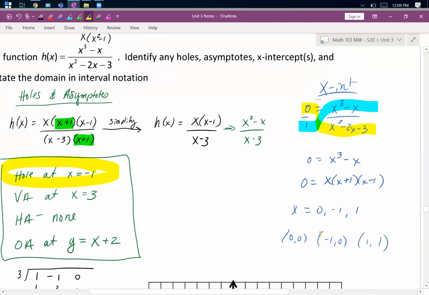And then I'm contradicting myself over here by saying that there's an x-intercept at -1, 0. So that right there is why you have to use the simplified version, because you can't have a hole and a point at the same x value. Now, I guess you could use the original version and then eliminate anything that you previously stated as the hole, but I think that's more risky than just using the simplified version.